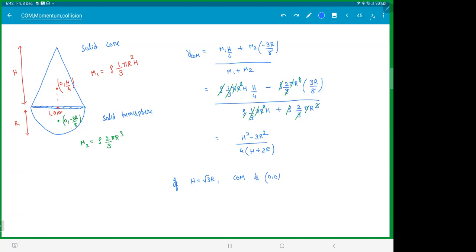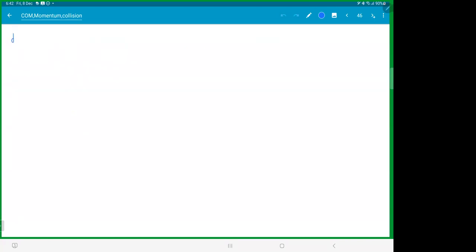So in this, something more interesting happens. Now see, if h is greater than root 3r, the center of mass will be above.